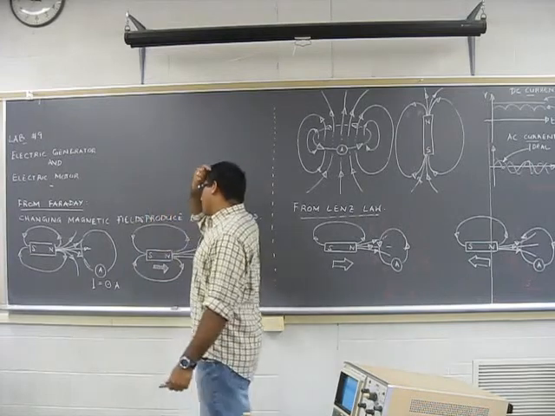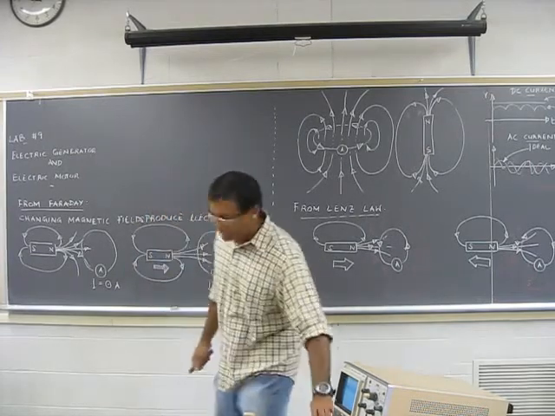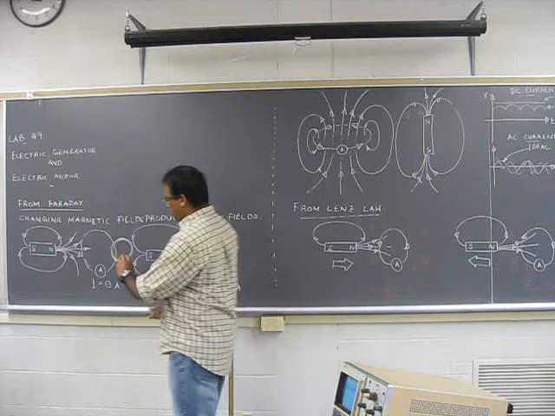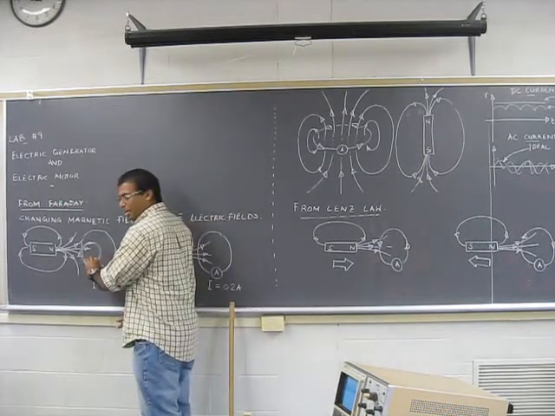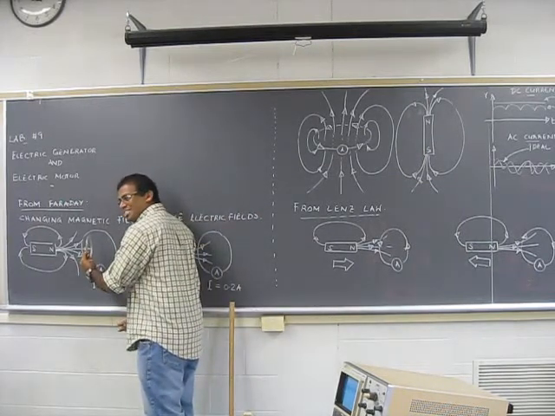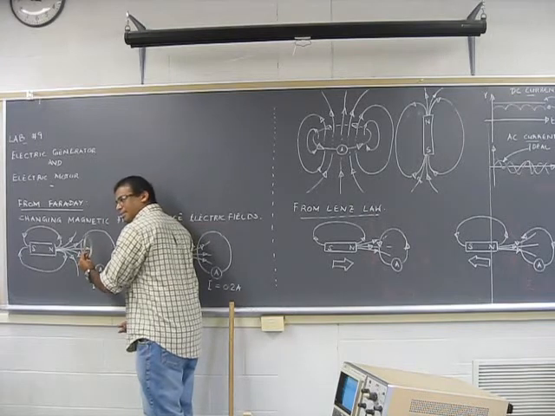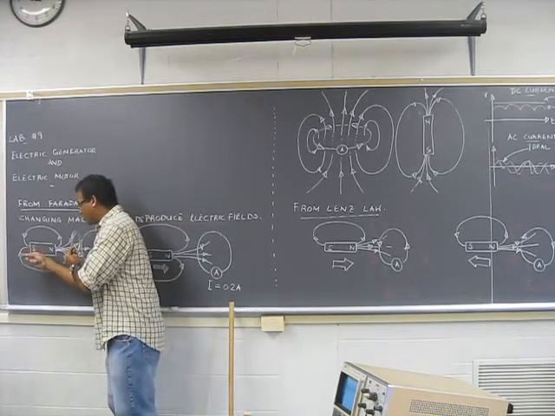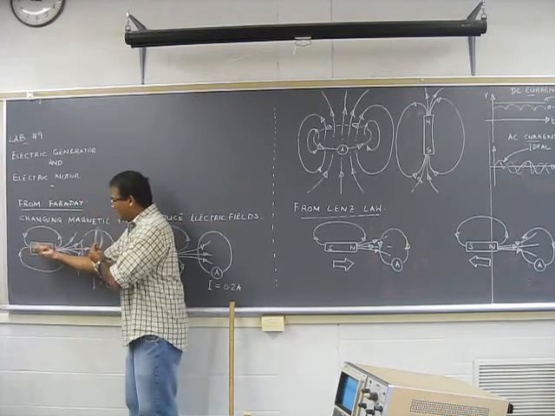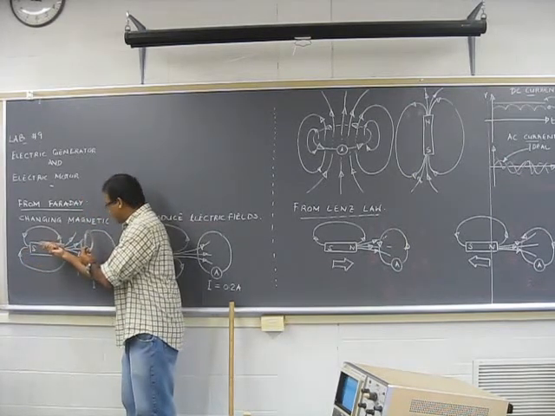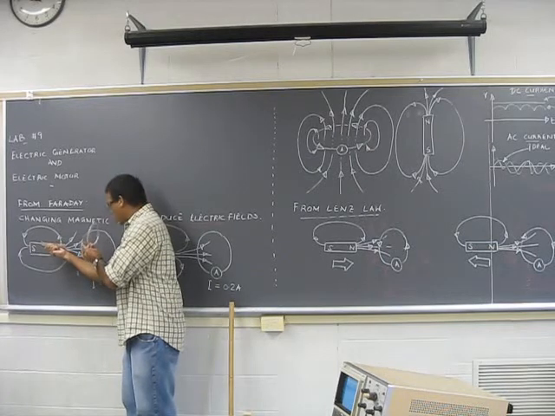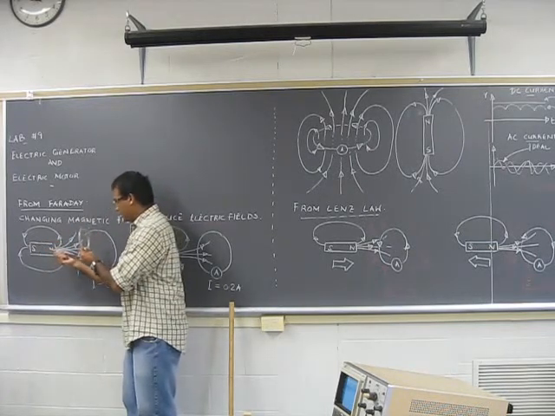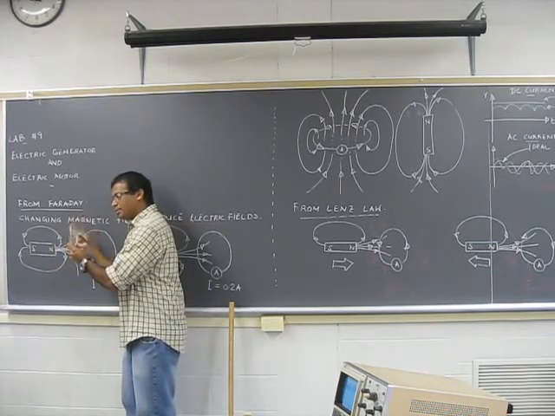So now, let's say this is our loop. Now I have drawn it flat. But in reality, I want to envision this like this, because that's the only way I can really see how this is going to move, right? So let's say we have a sitting magnet like this, and I have this loop. Now, of course, I don't have an ammeter attached to this. This is my conductive wire.